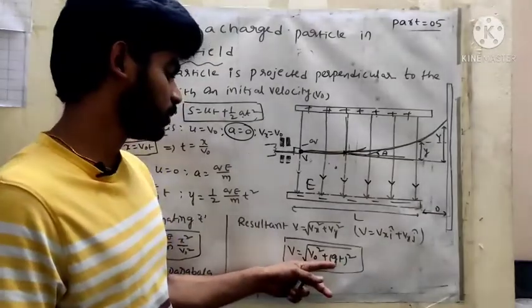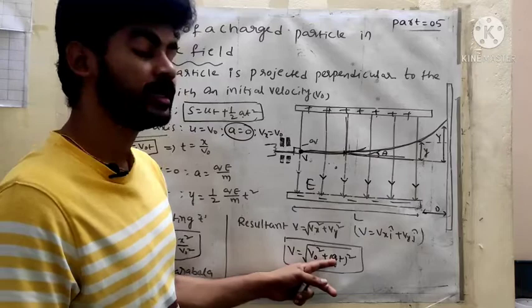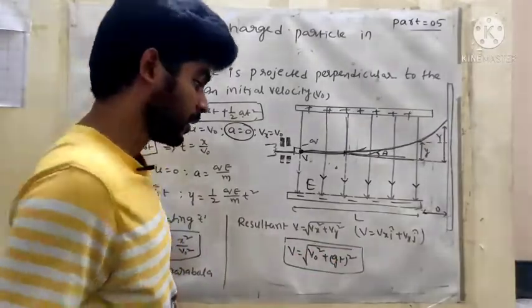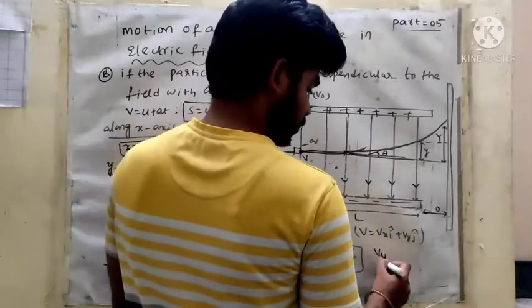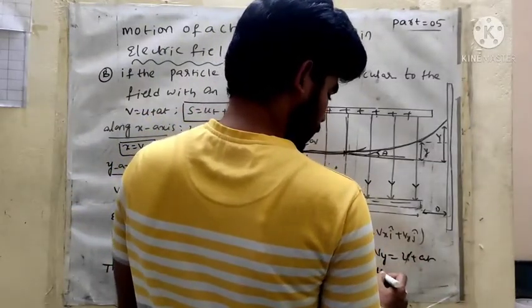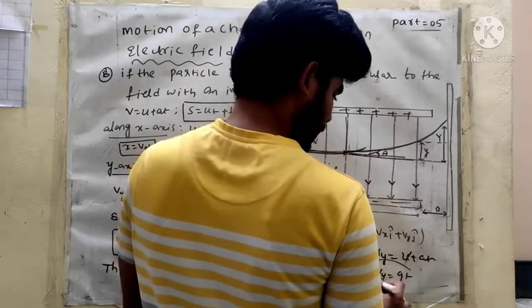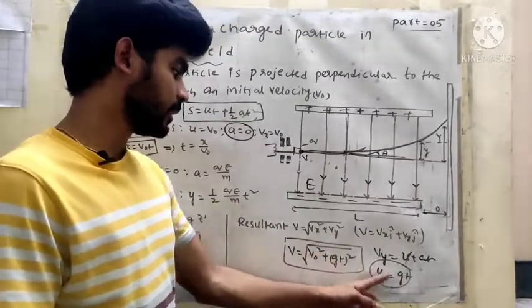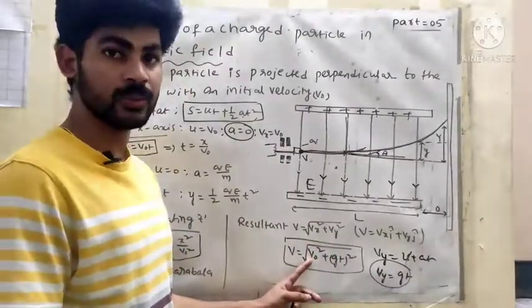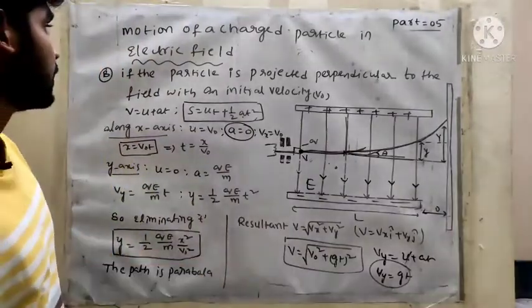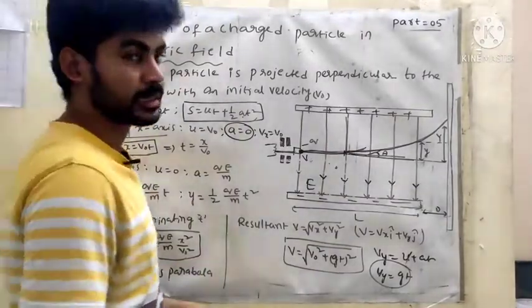So I am taking gt, because Vy is equal to u plus at, with u equal to 0 and a equal to g, so Vy is g into t. So v is root of V0 square plus gt whole square. So this is the motion of a charged particle in an electric field.